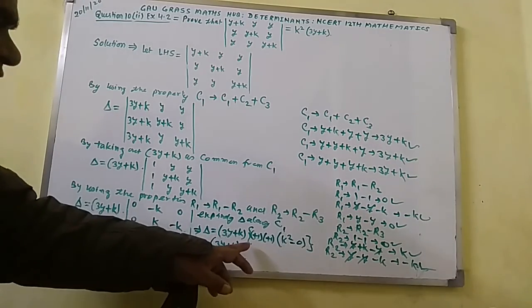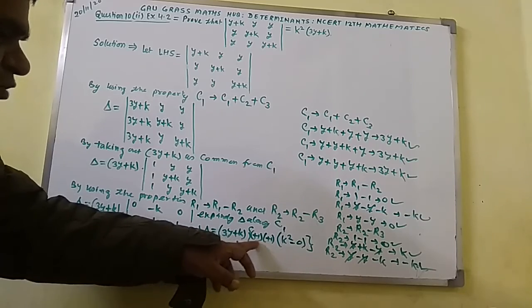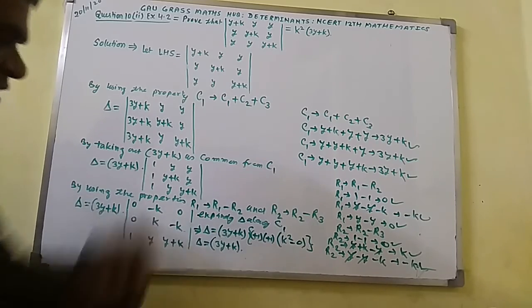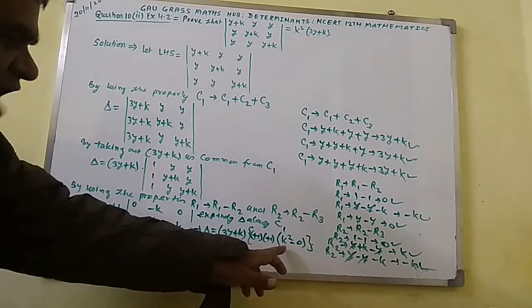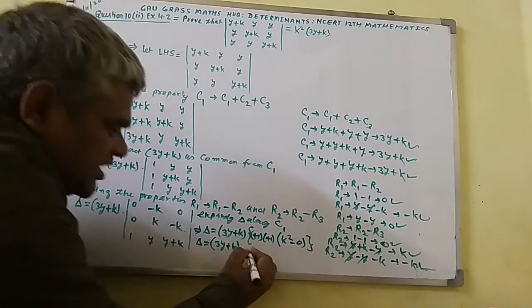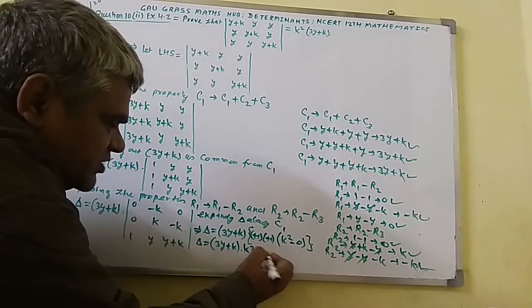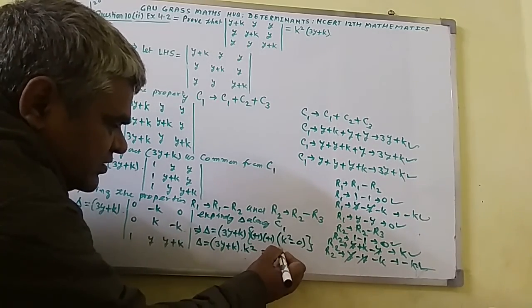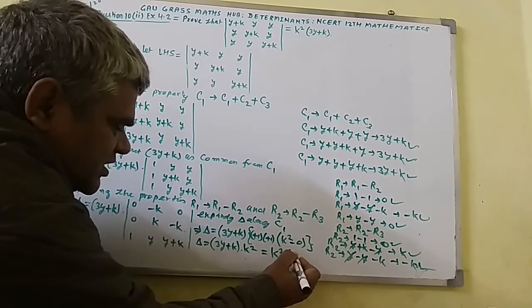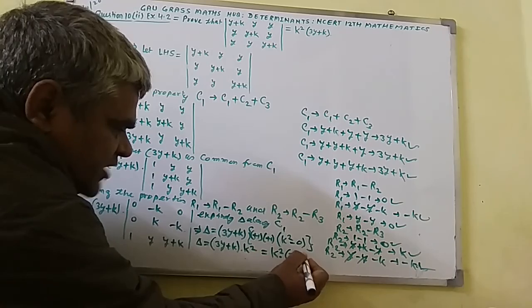Here you can see in the curly bracket plus 1 is there. Both will multiply together. You will get 1. And in the curly bracket you will get k square. So here write k square. It comes out to k square dot in bracket 3y plus k.